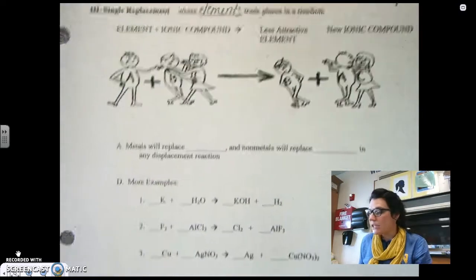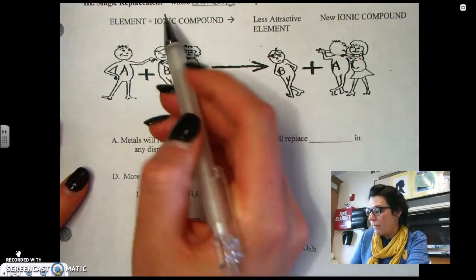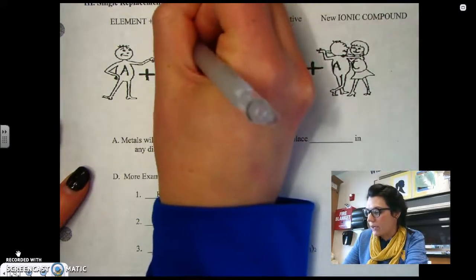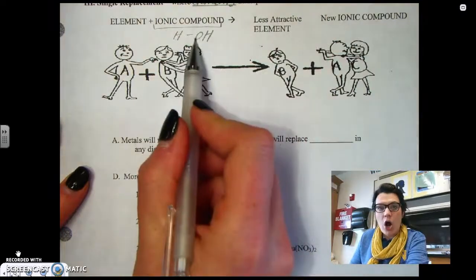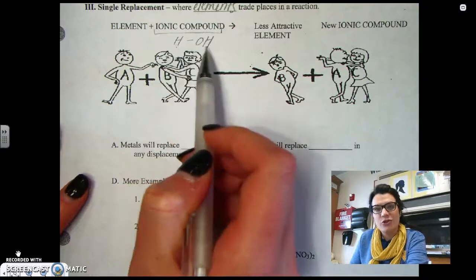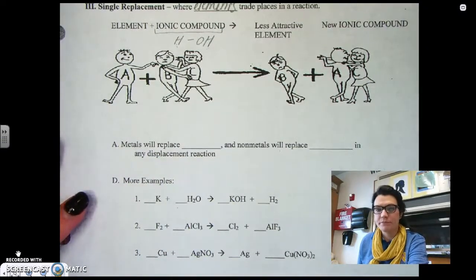Now, this one is talking about an ionic compound, but we also need to remember that water can also act like an ionic compound. Water is H2O, but we can think of it as hydrogen hydroxide, and that's how water is going to act like an ionic compound here.